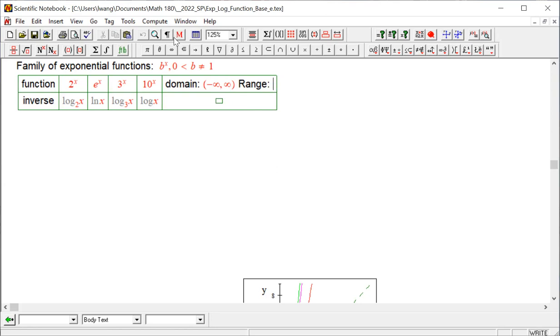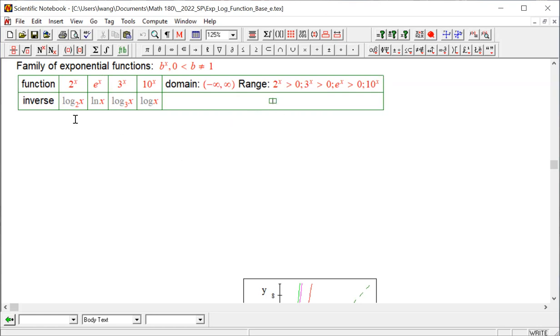In fact, you can say 2 to the power x is larger than 0, 3 to the power x is larger than 0, e to the power x is larger than 0, and 10 to the power x is larger than 0.